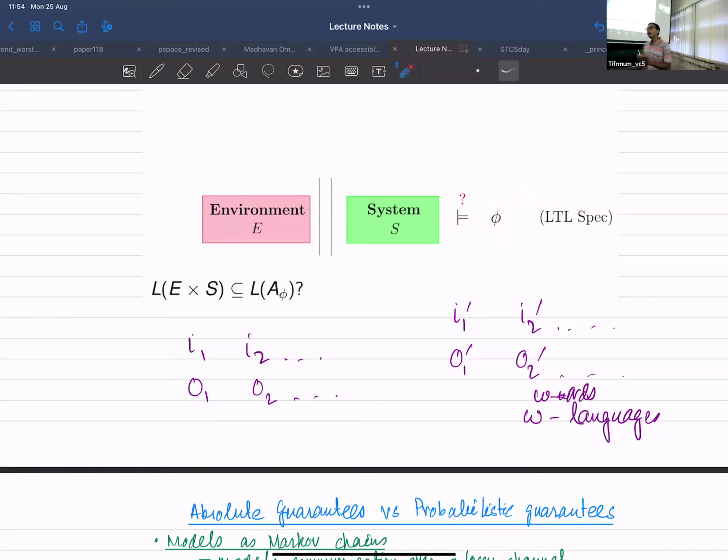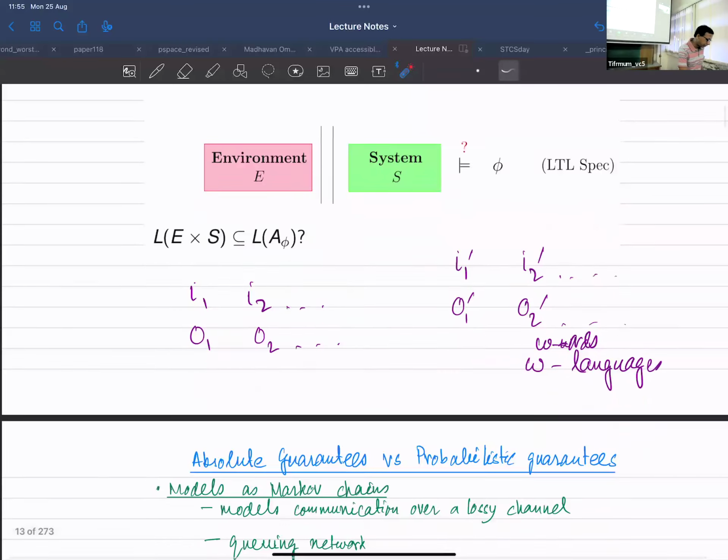The logic will describe the behavior which is expected out of the system when the system is interacting with the environment. This logic, which we will often use and also study in more detail, is called LTL, linear temporal logic, and it's widely used.